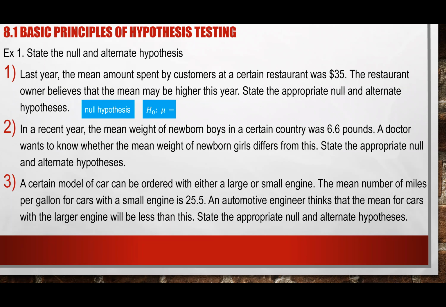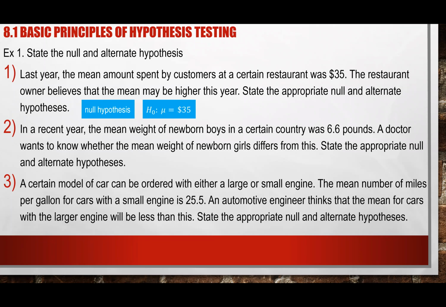For this author, to keep it consistent, the null hypothesis, the H sub 0, will only contain an equal sign. So again, what is mu equal to? What is the mean equal to? Well, the mean is equal to 35. We want to say that the mean amount the customers spent last year is $35. So we want to say that mu is equal to 35.